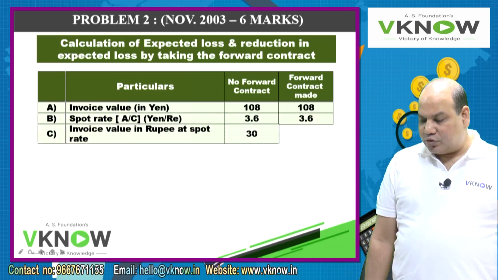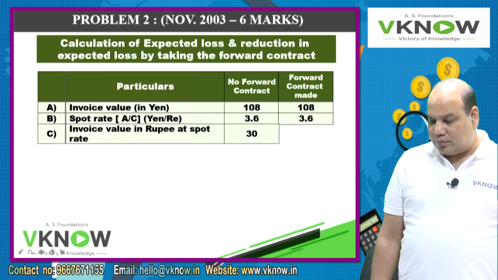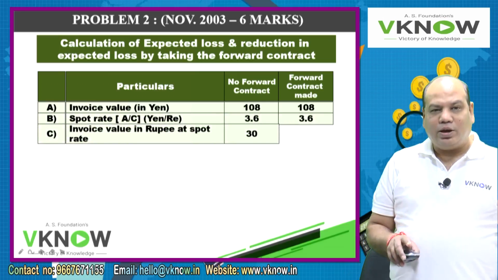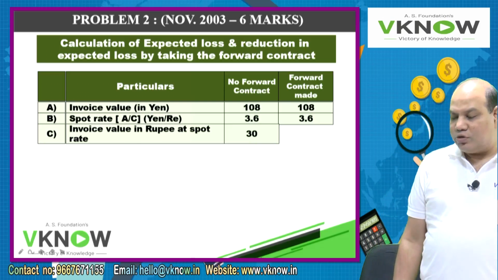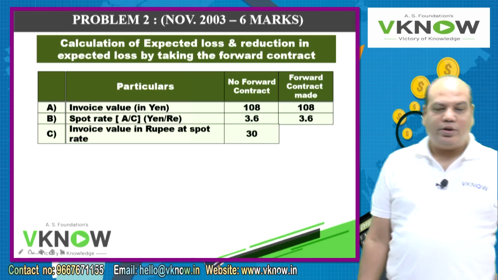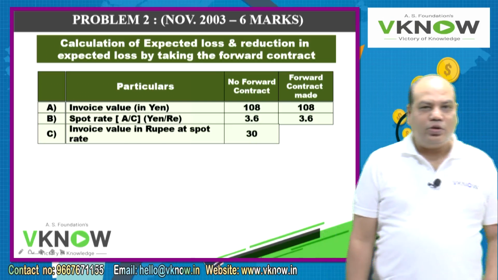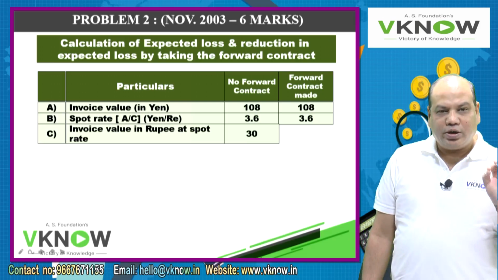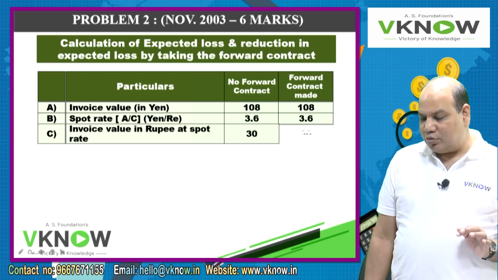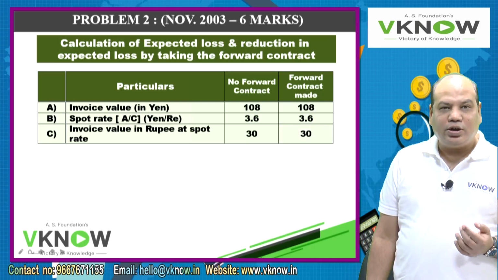Point number B, first write down spot rate, keep the line blank. Come to the third line. Third line, write down invoice value in rupee at spot rate. In bracket in rupees lakhs. 30 lakhs, 30 lakhs.